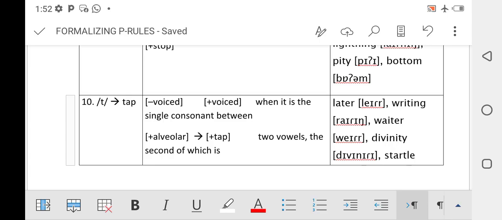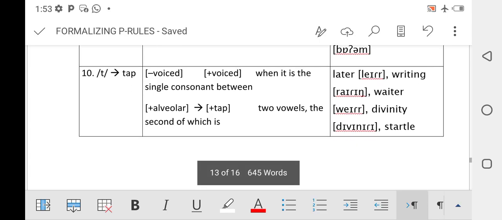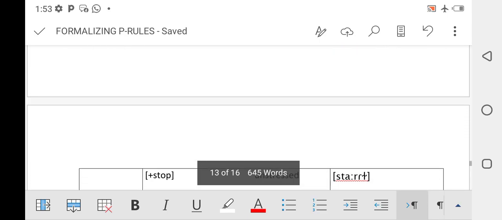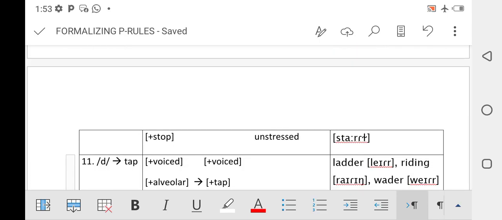This rule is saying that t in between the two syllables becomes a tap. I have told you that a tap is when you convert t to r. So I now have later, writing, waiter, divinity, water, okay, something like that. So that's what happens here.